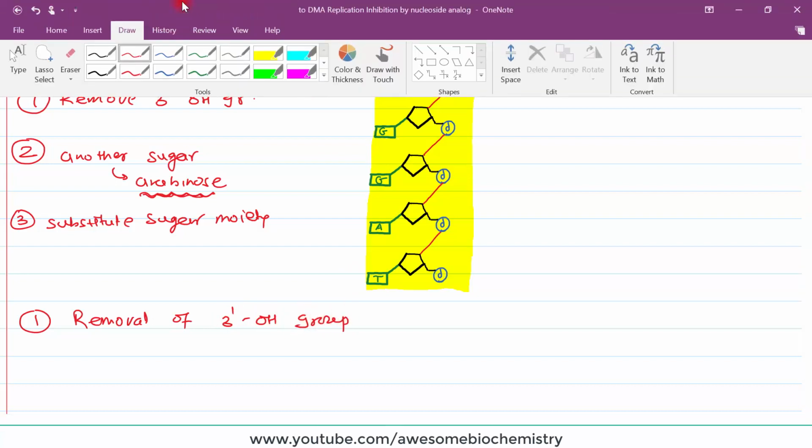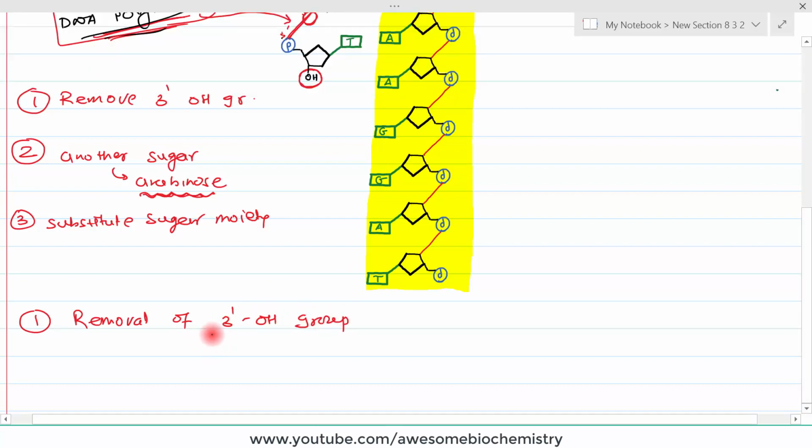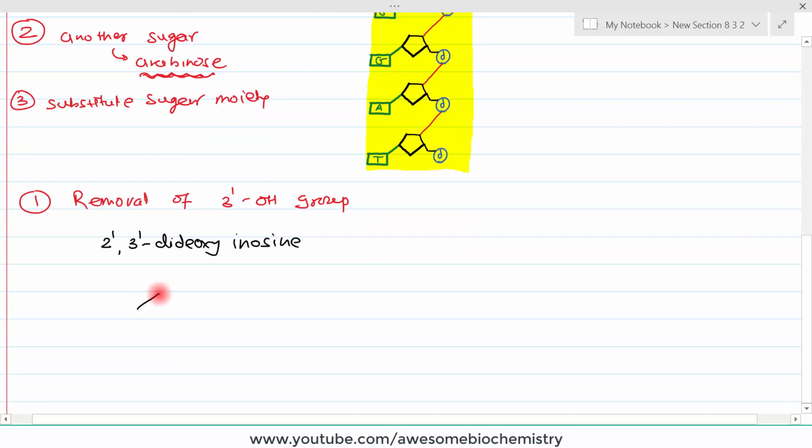group. For that, we have one very good example, that is 2', 3' dideoxyinosine. Its structure looks like this. So this is the pentose ring. Here on the 2' there is no OH group, on the 3' also there is no OH group.